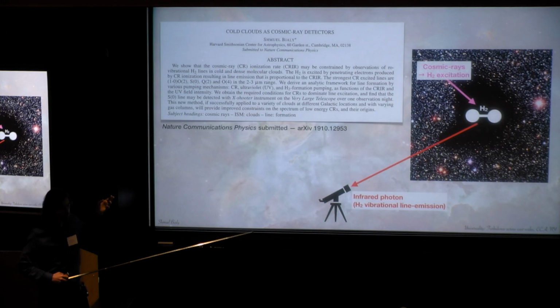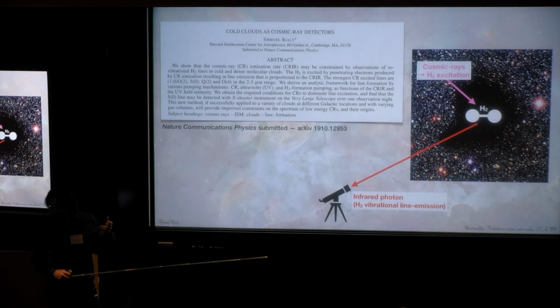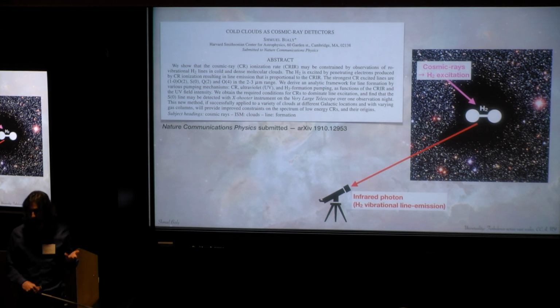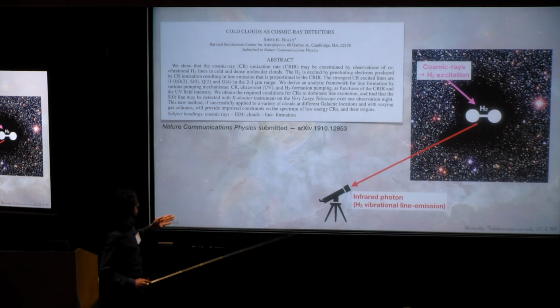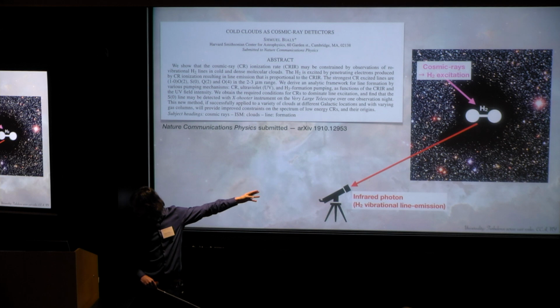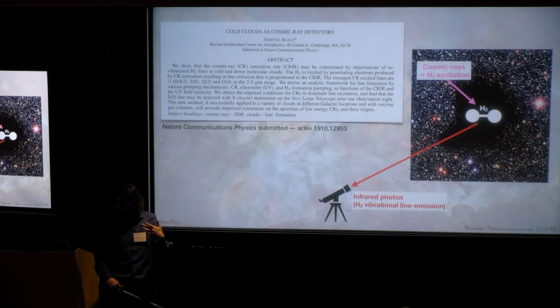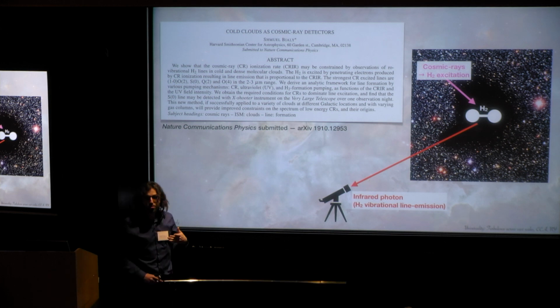And recently I proposed such a new method, still to be explored in observations. The idea is to use H2, molecular hydrogen, which is the main constituent of the gas in molecular clouds, as a probe of cosmic rays.